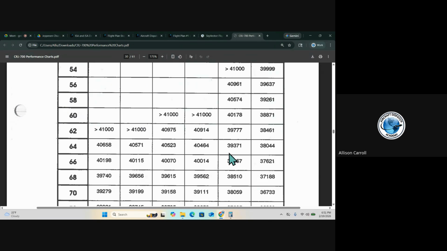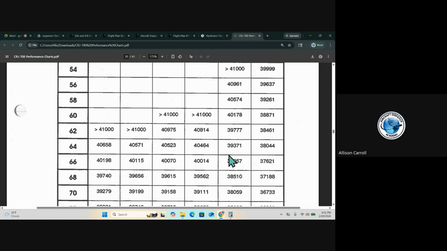So this is saying our max flight level, our max altitude, is 38,957. Well, we are going at an even flight level, so we are going to be limited to 38,000 feet. That is our flight level. Now, if we were going east, we would be limited to 37,000 feet.